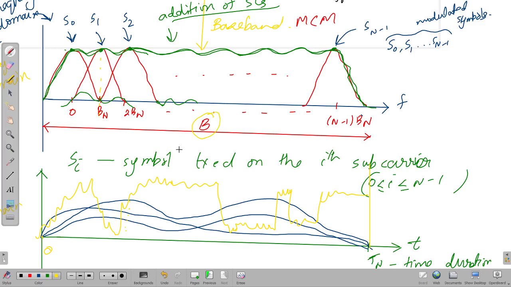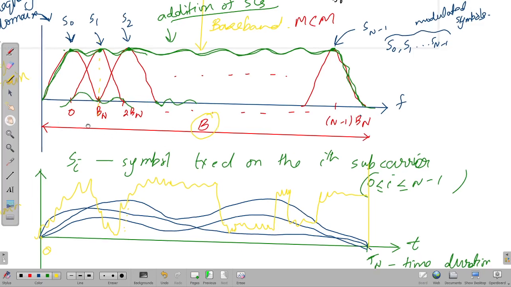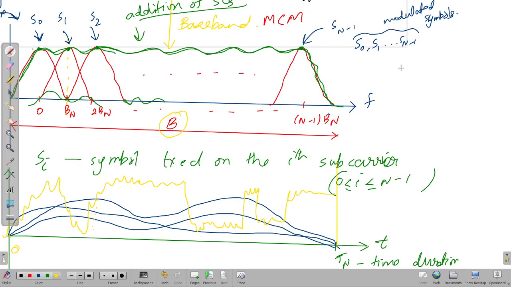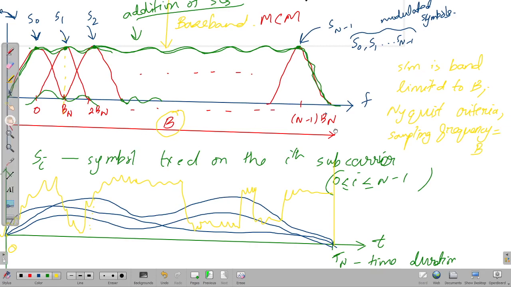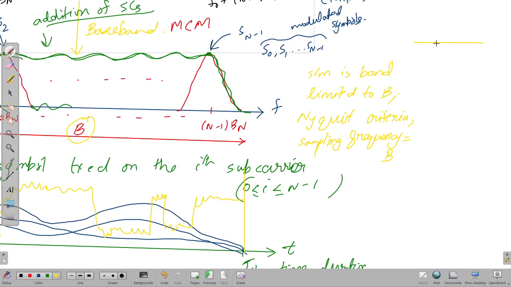The system is band limited to B. When you have the system band limited to B, according to the Nyquist criteria, the sampling frequency must be equal to B. So when the system is band limited to B, the sampling frequency should be equal to B.